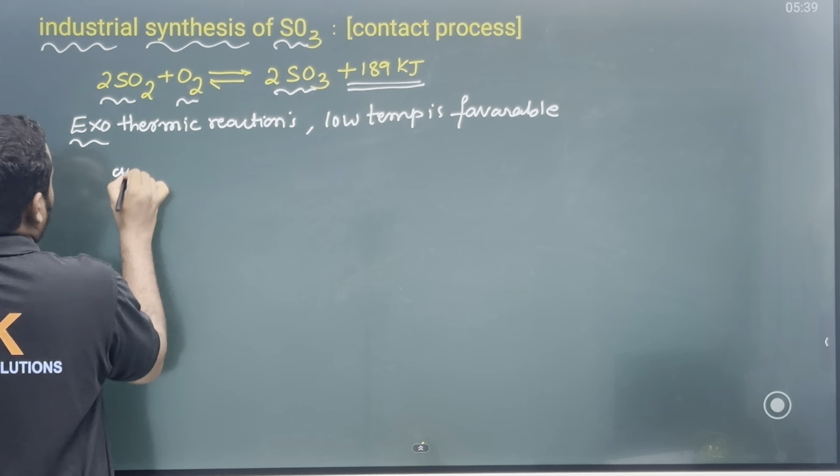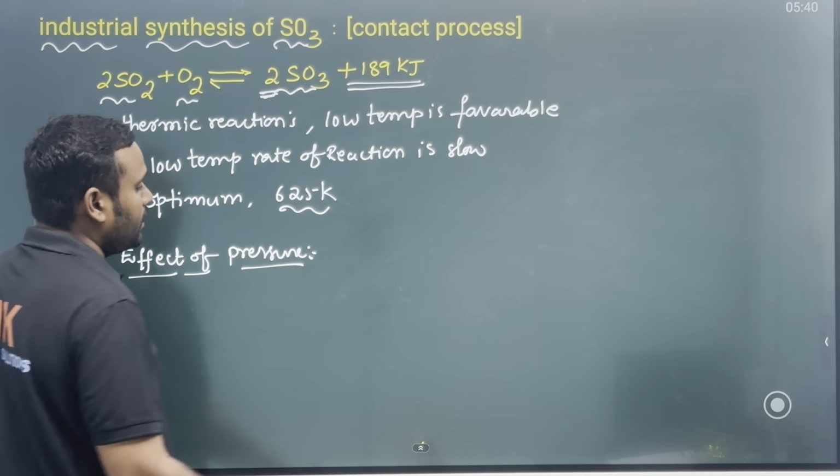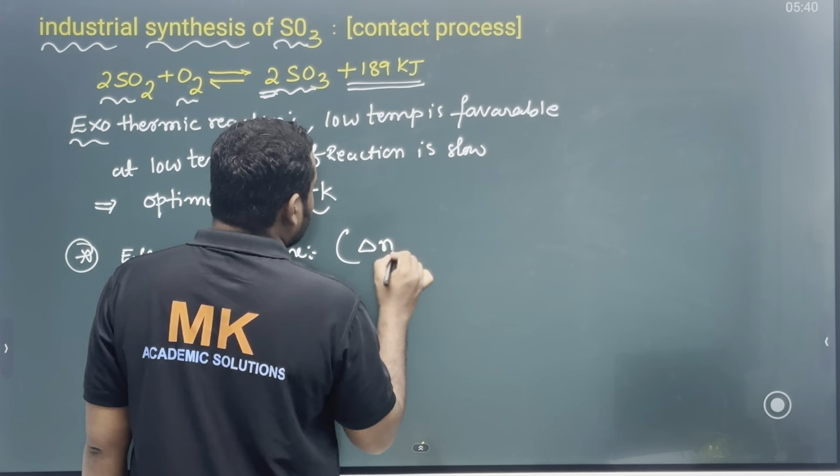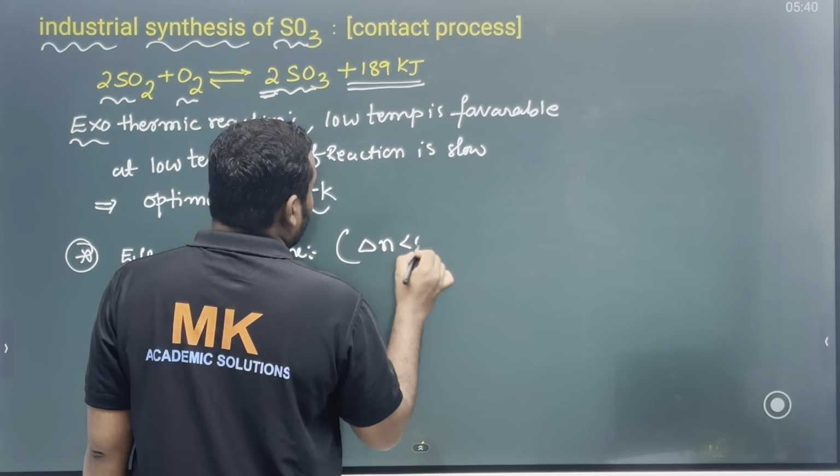And next, when you see the effect of pressure, we know that as pressure increases, the equilibrium shifts towards the side with fewer moles. Here the number of moles of reactants is 3 and the number of moles of products is 2, which means delta N is less than 0.